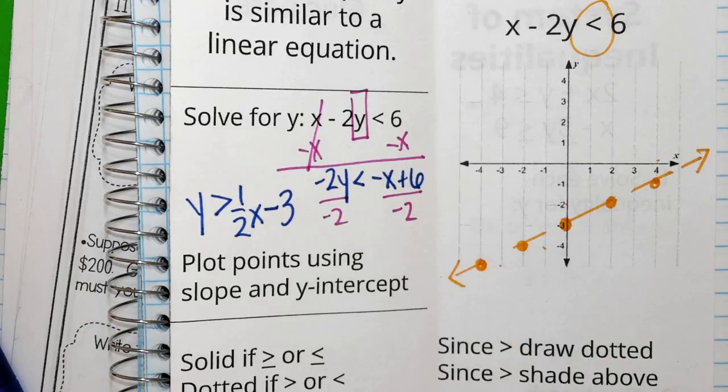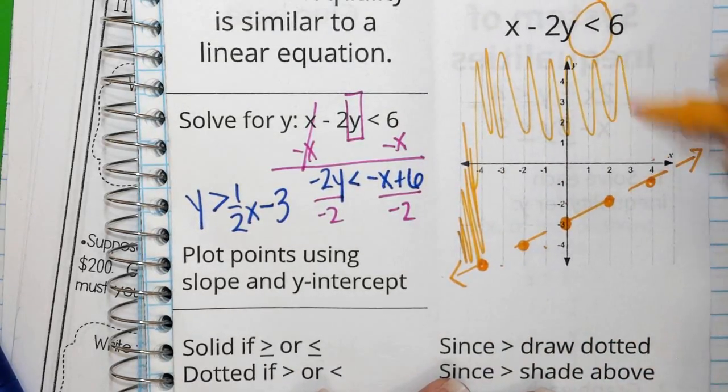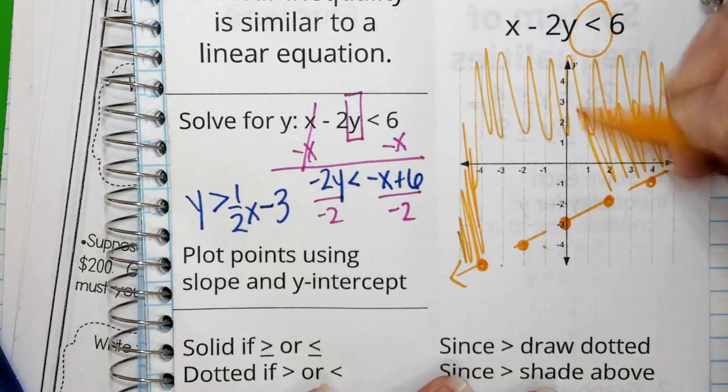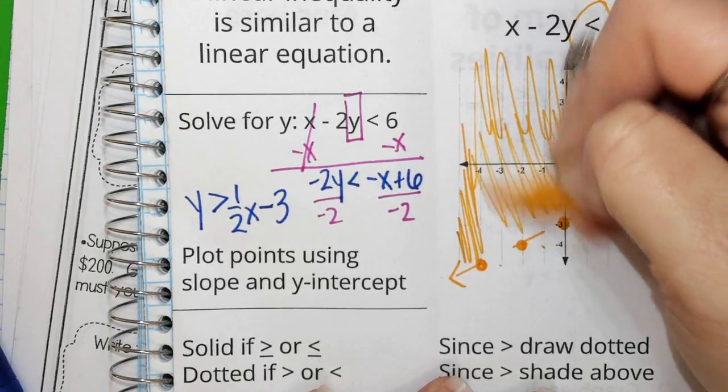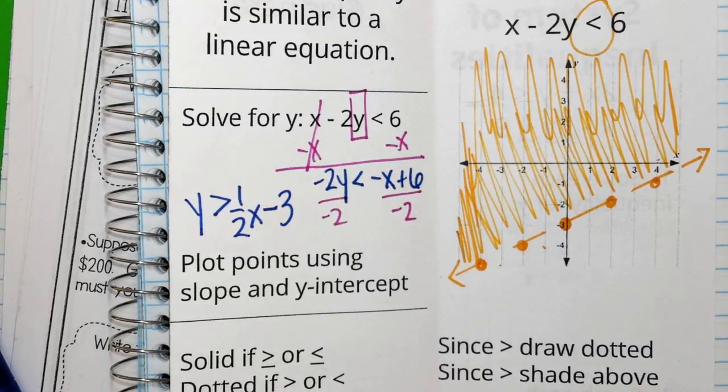And then we have to shade above or below. What do we do? Above, because it's greater than. Ta-da! We did it. And then it says test a point.